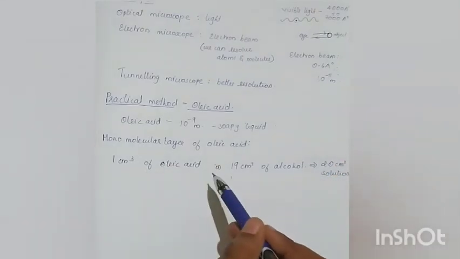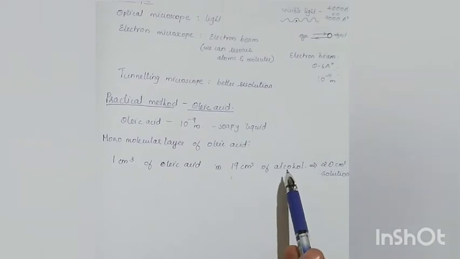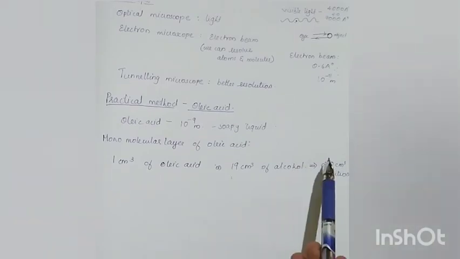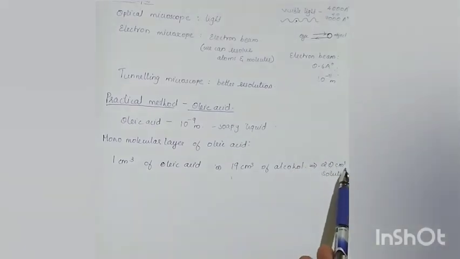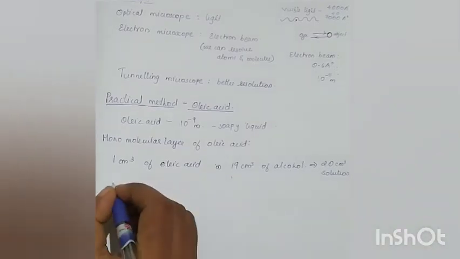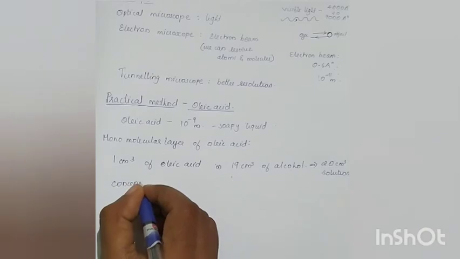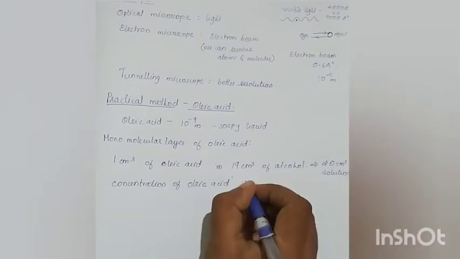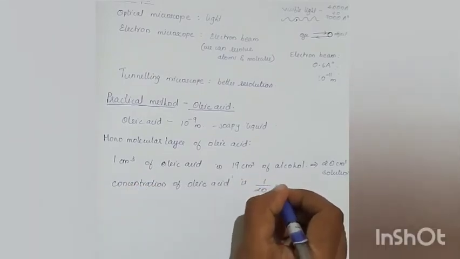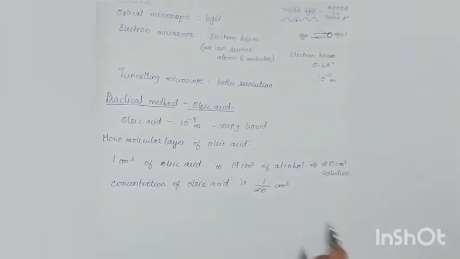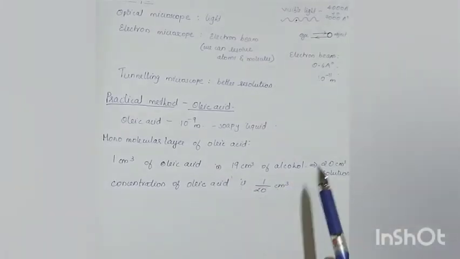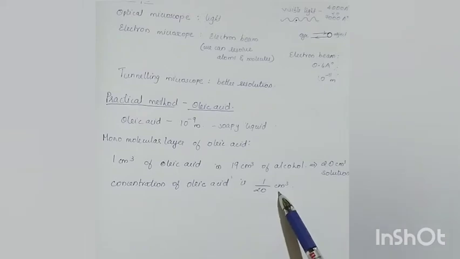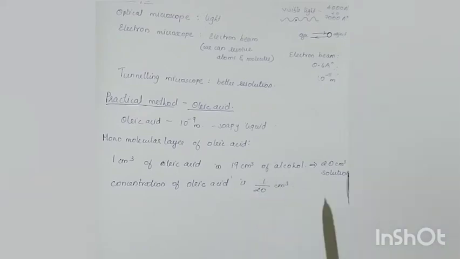So the oleic acid here is diluted in alcohol, and altogether we get 20 centimeter cube of solution. In this solution the concentration of oleic acid is 1 by 20 centimeter cube. If we divide this solution into 20 parts, only one part is oleic acid.